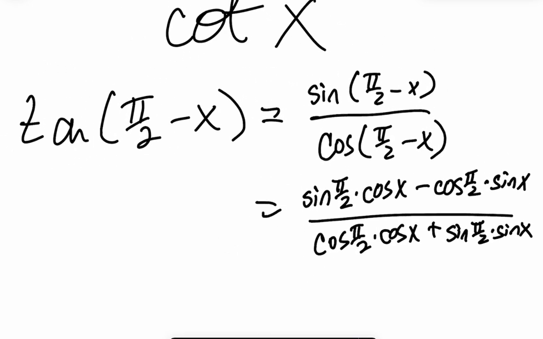But let's analyze pi over 2. On the unit circle, the point at pi over 2 is 0, 1. So the sine is 1 and the cosine is 0. So this is 1 and this is 0.